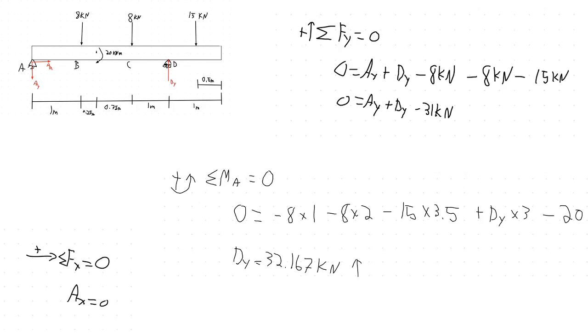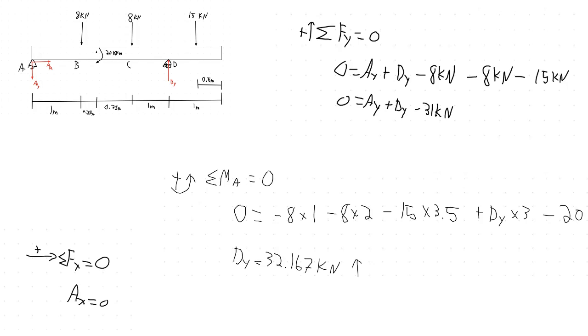And then also with our 15 kilonewton load at 3.5 meters away, all those are creating a clockwise rotation, therefore opposite of what we've called positive. We have Dy times 3 because that is 3 meters away, and it will be producing a counterclockwise rotation, therefore positive.